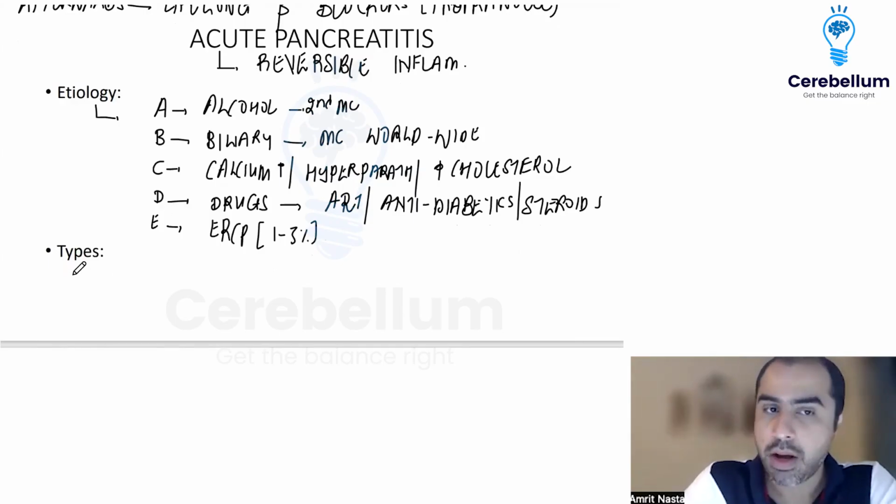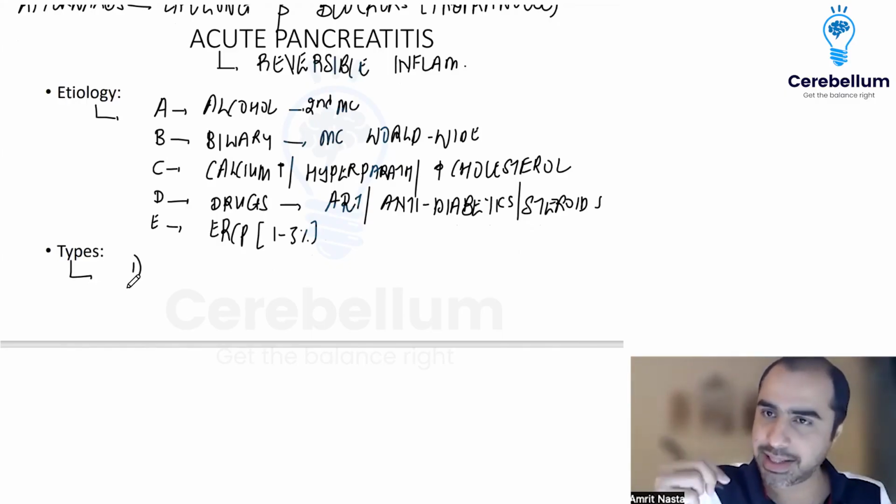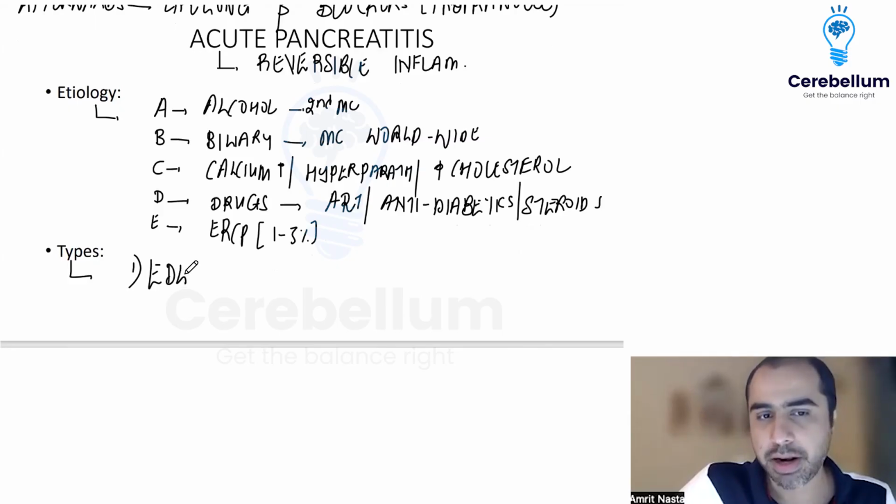who learned from me. Now, what are the types of acute pancreatitis? Most of the times, when the pancreas gets inflamed, there will just be some edema of the pancreas. Means the pancreas will swell. That is called edematous. This is a milder variant of acute pancreatitis.